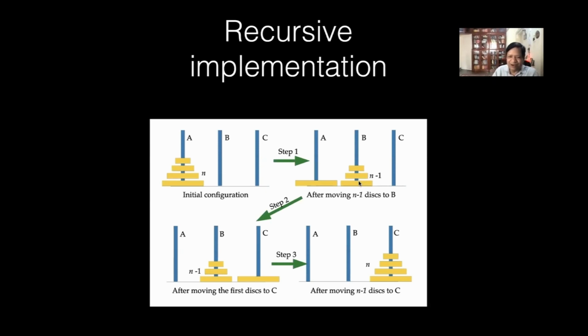N minus 2 will call n minus 3 until the disc count becomes 1. Your code will be simple, but the computer will do all the dirty work. It just keeps calling one after the other.